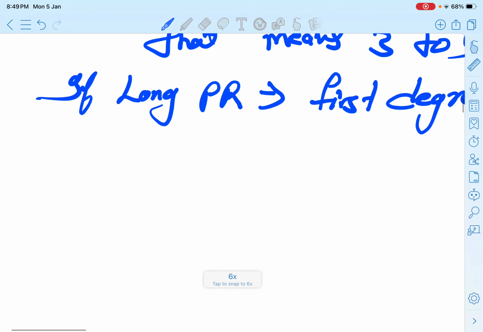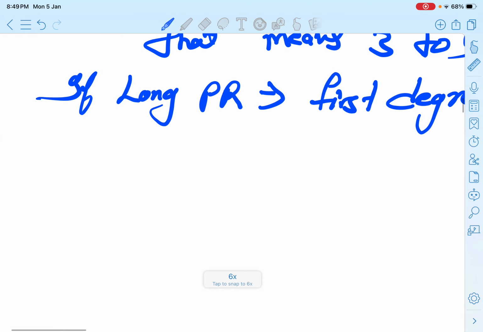Normally QRS duration is less than 0.12 second. Now narrowing of the QRS.